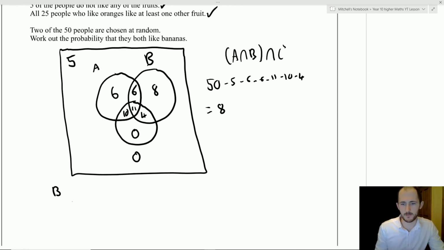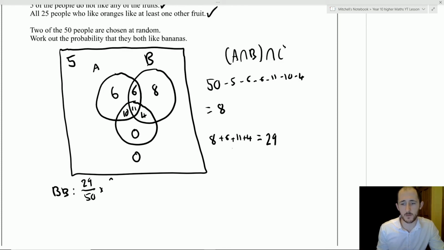So, how many people in total like bananas? Well, we have 8 plus 6 plus 11 plus 4. Okay, so 6 plus 4, 10, 21, 29 people. So you have 29 out of the total 50.